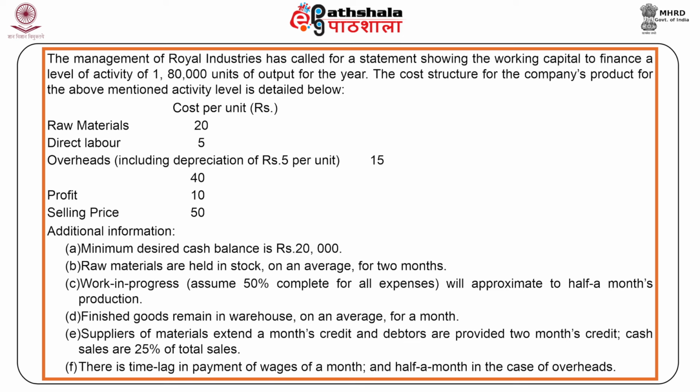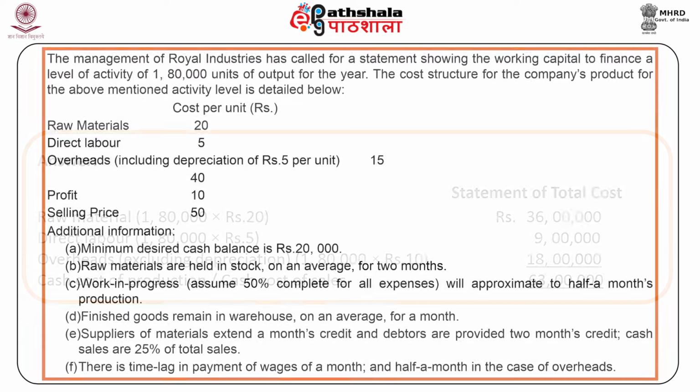Suppliers of materials extend a month's credit and debtors are provided 2 months credit. Cash sales are 25% of total sales. There is a time lag in payment of wages of a month and half a month in the case of overheads. From the above facts, you are required to prepare a statement showing working capital requirement.